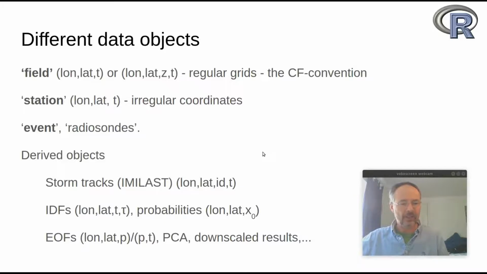There are also the empirical orthogonal functions, EOFs, which have longitude, latitude and the pattern index, and the time matrix, the principal components, which are pattern index and time. We have principal component analysis, which is a bit similar to EOFs, or even results, like downscaled results, which also have information about the methods themselves.